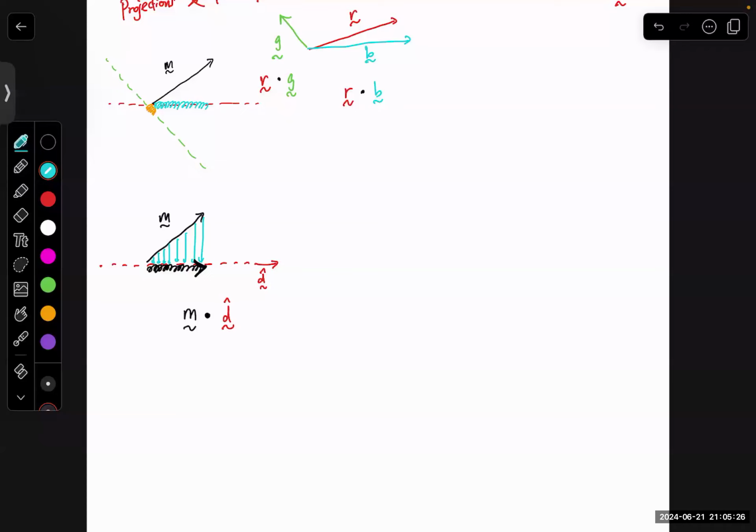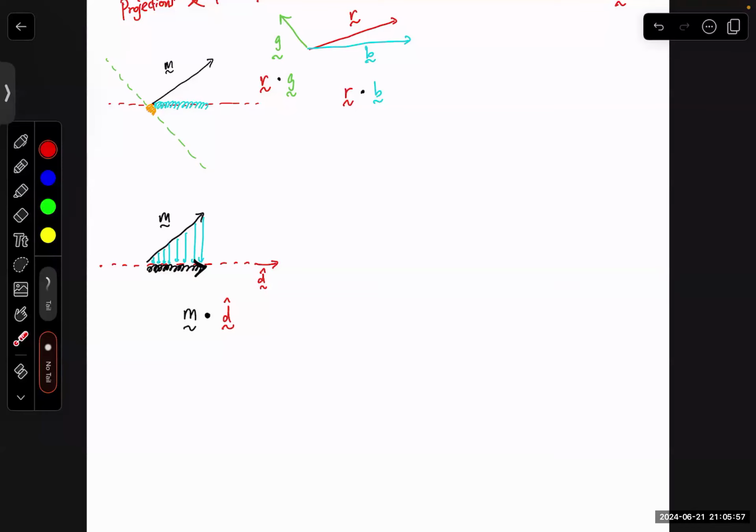Again, let's wait till later when we talk about the more complicated stuff. But the idea is that this M dot D hat is the projection. Later on, we can talk about things like length of projection, projection vector, or acute angle between two things. But this is called the projection. Let's be very, very clear about this.